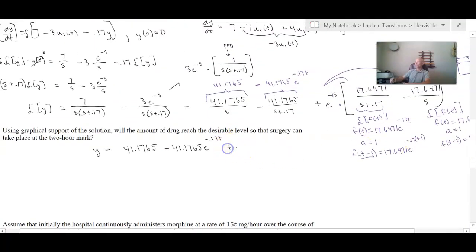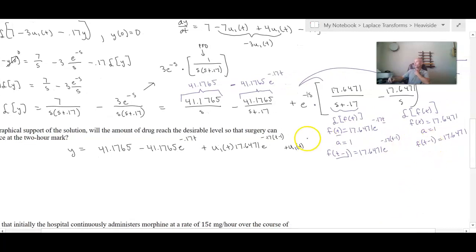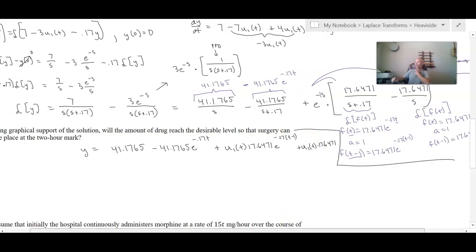So, plus the Heaviside, a is 1, so u1 of t, times f of t minus 1, which is 17.6471 e to the negative 0.17 times quantity t minus 1, plus, again, the Heaviside, you could factor out the Heaviside if you wish, u1 of t times f of t minus 1, which is just 17.6471. So there is our solution in its complete form.